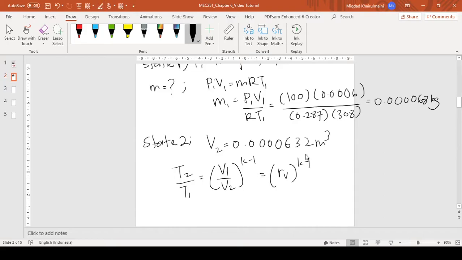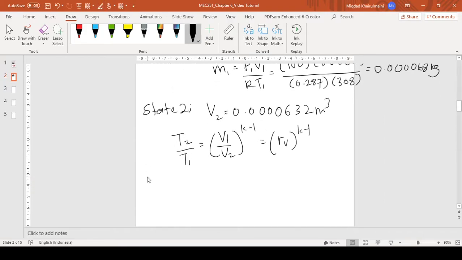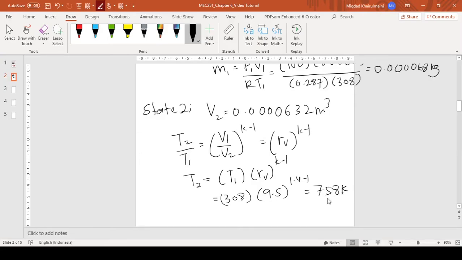To find T2, we substitute the values: T1 multiplied by the compression ratio to the power of k minus 1. So 308, the compression ratio is 9.5, k for air is 1.4. Here we get the temperature at state 2, 758. I have rounded the value.